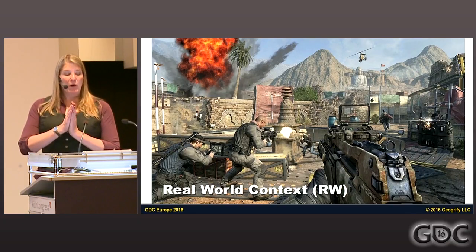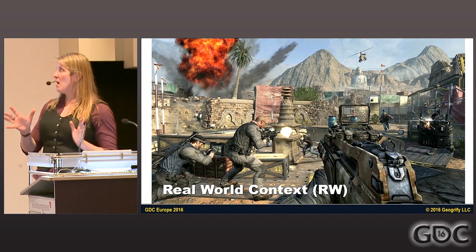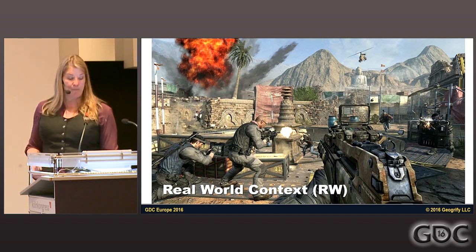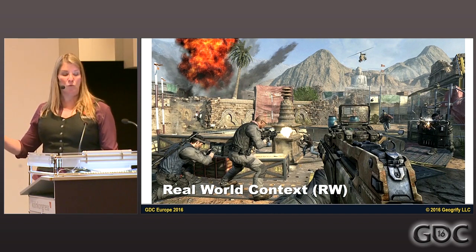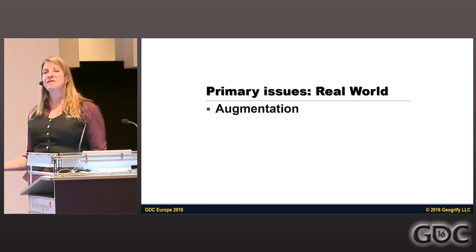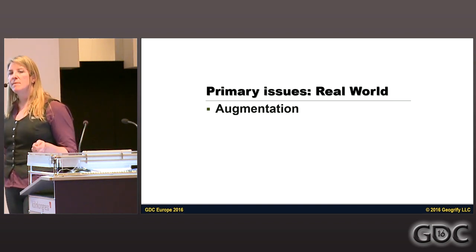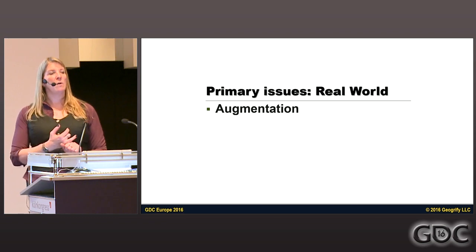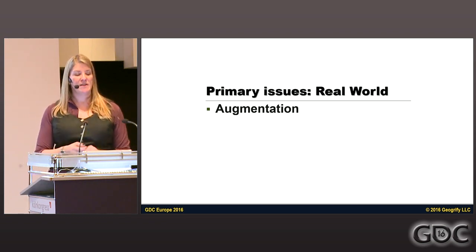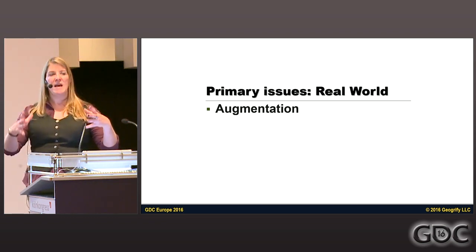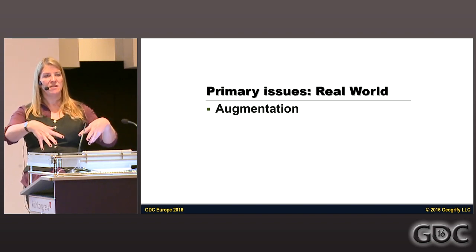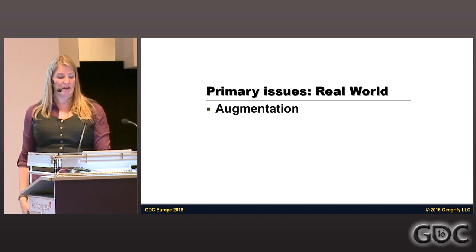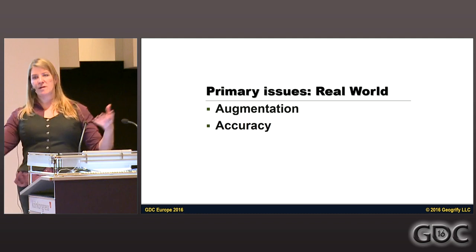So let's talk a little more about real world context, because I want to make this distinction. Setting games in our world. The primary issues that we have with the real world when it comes to content, number one is augmentation. And I'm going to give an example of all of these things. Augmentation is taking something that actually exists and adding to it, like adding some fictional elements. Accuracy, of course, is what it says.